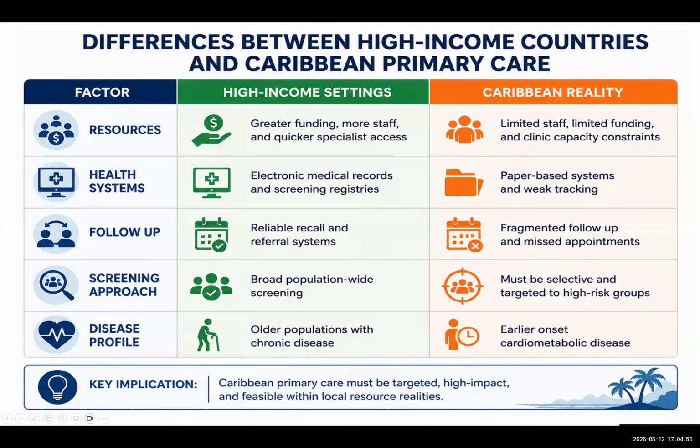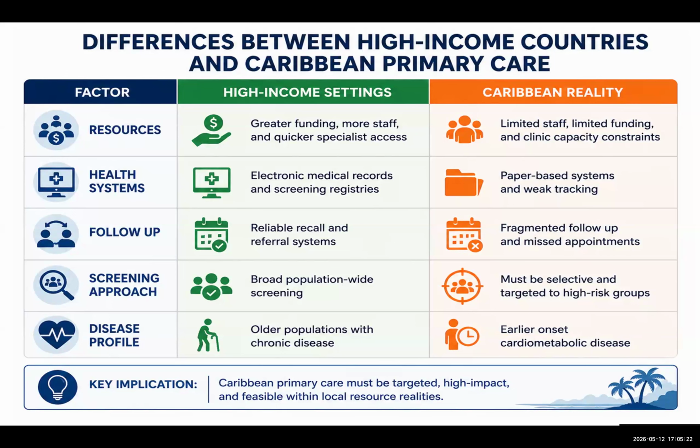Because of these limitations, Caribbean healthcare systems cannot always adopt the broad population-wide screening programs used in high-income countries. Instead, we must be more selective and focus on conditions that have a high disease burden, conditions that can be detected easily and affordably, and have available treatment and follow-up options. There's also a difference in disease patterns.